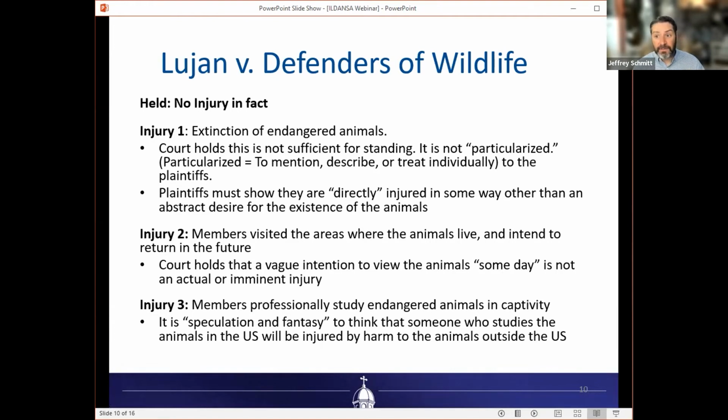Sure, they love animals, they're environmental groups, but they're not injured in a direct way that is special to them. The court says an injury that is abstract, like they care about the environment or they study endangered animals and they're concerned about them, that's not enough to give you a stake in the case.